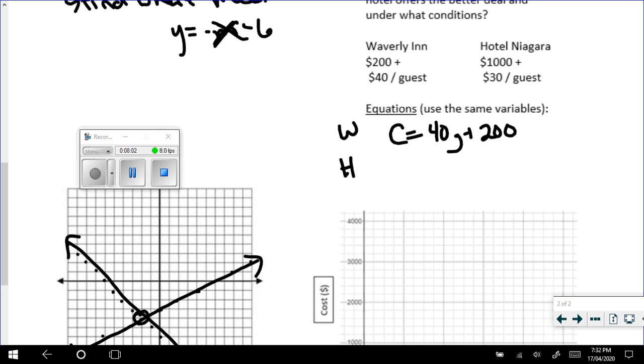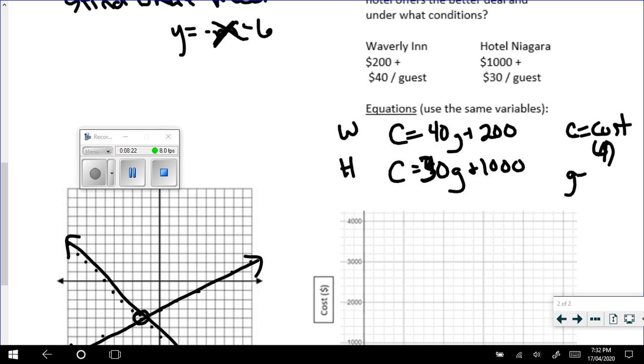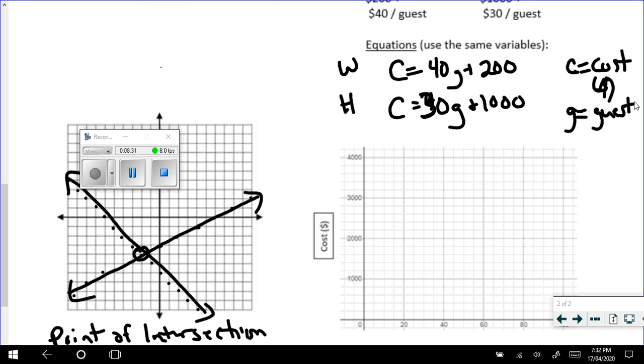At Hotel Niagara, the cost is $30 per guest plus $1,000 to get in. C equals cost in dinero. G equals guests in the room. So we have our equations. I was nice this time, gave you guys a sheet.